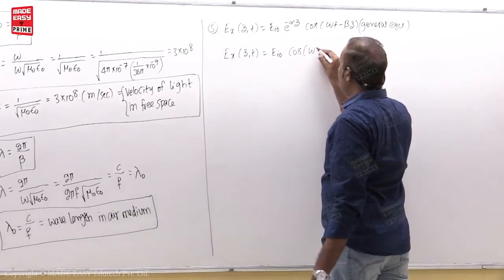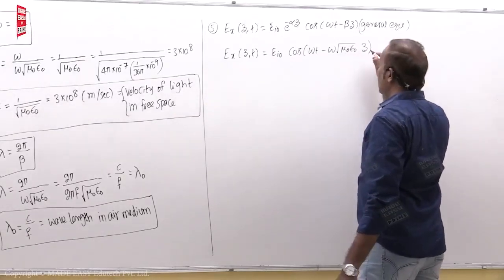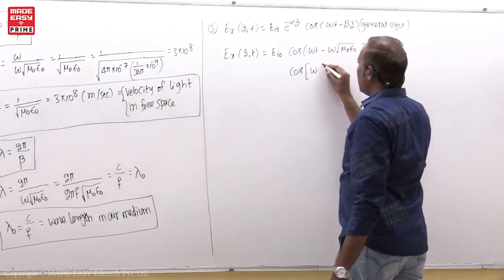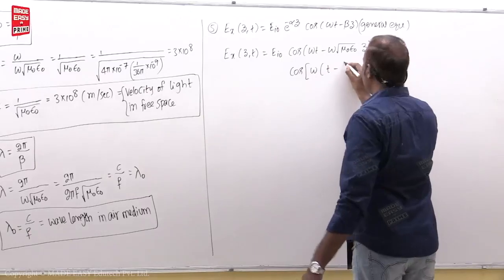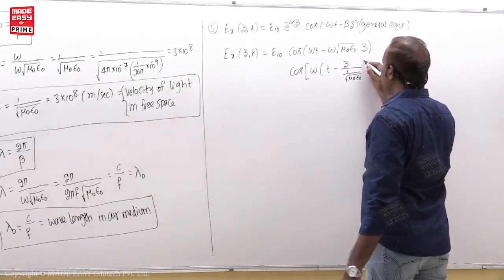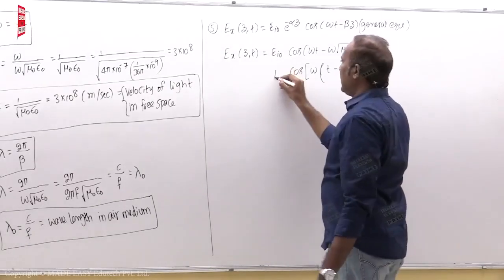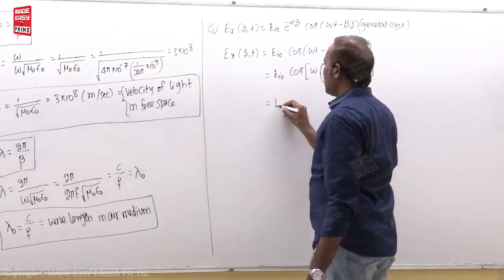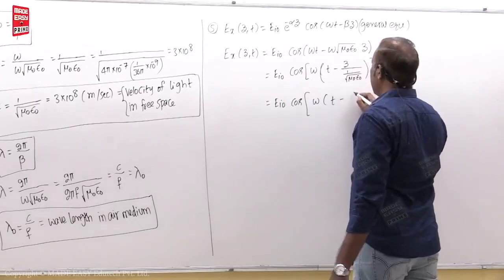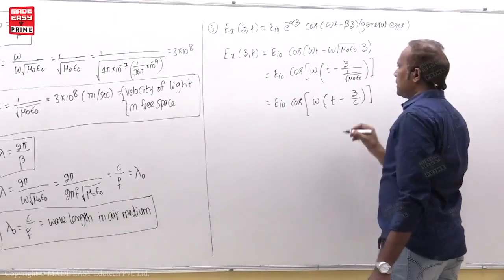So now it is cos of (omega t - omega root mu naught epsilon naught z), since beta is omega root mu naught epsilon naught. And this is also written in some books like this: omega is pulled out, then t minus z divided by 1 by root mu naught epsilon naught. If you write like this, then E_x is equal to E_0 cos of omega (t - z by c). This is the light velocity, student. So like this is correct, na?